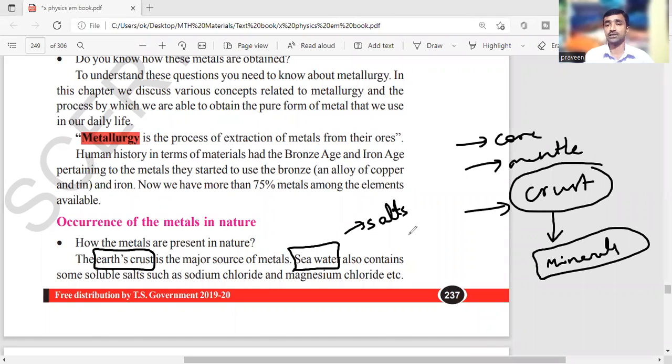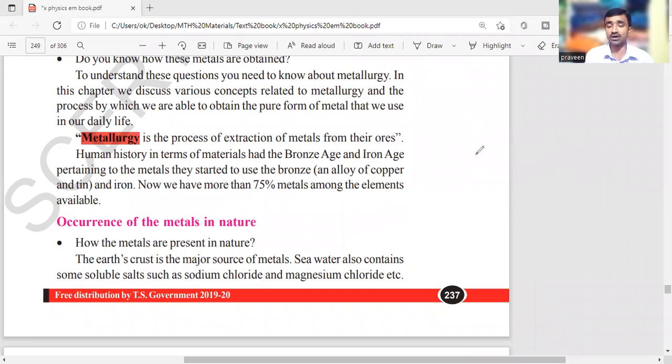Many are there in the form of carbonates, sulfates, right? So many minerals are available in the form of salts, so salts are a major source for metals. These salts are obtained from the seawater.